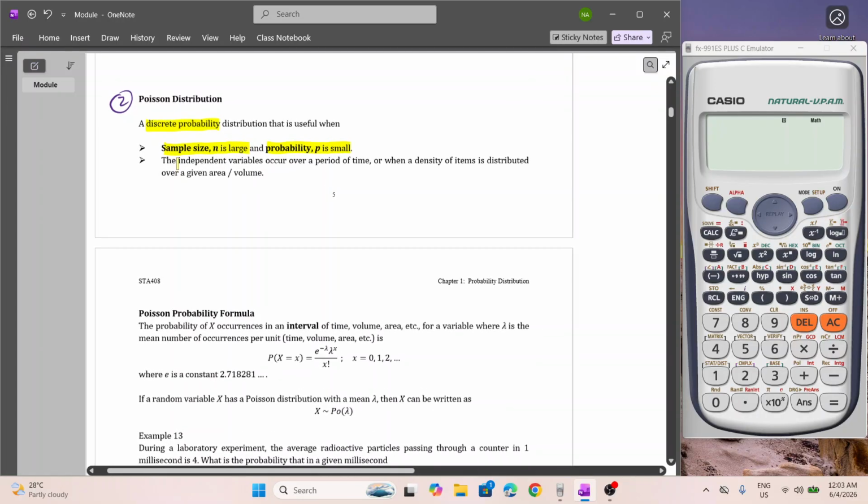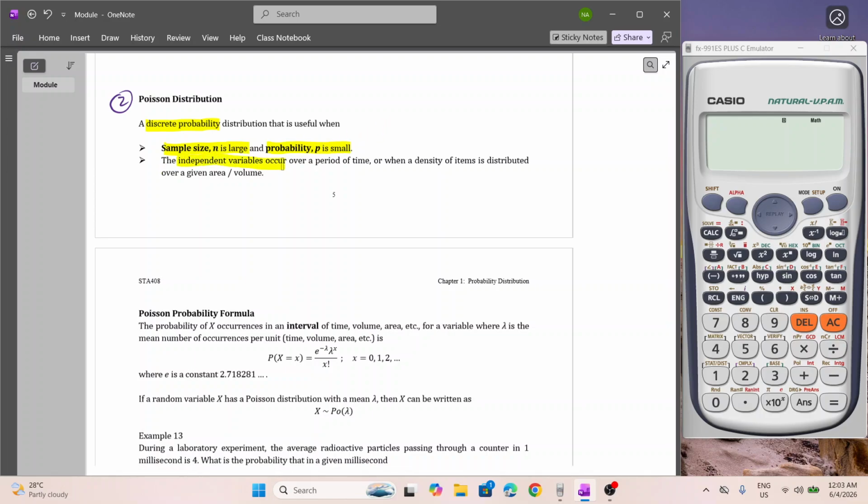it usually depends on the situation where independent variable occurs over a period of time or when a density of items is distributed over a given area or volume. So from this definition, you should now know what's the difference between the Poisson distribution and the binomial distribution.